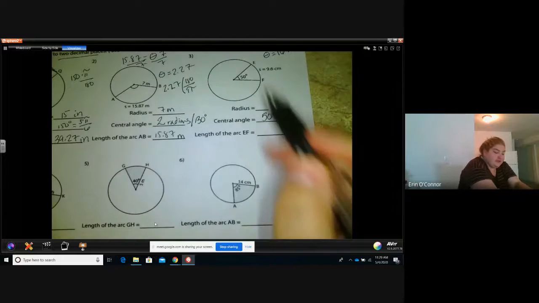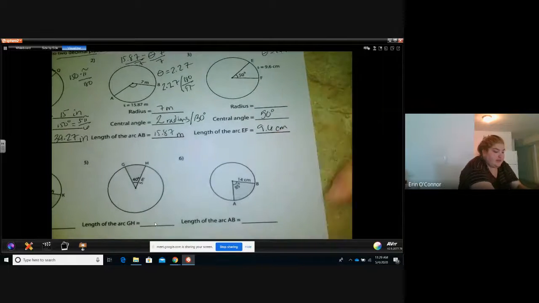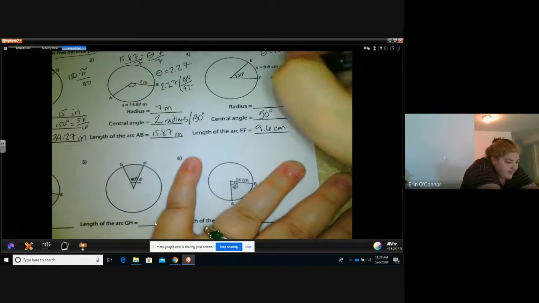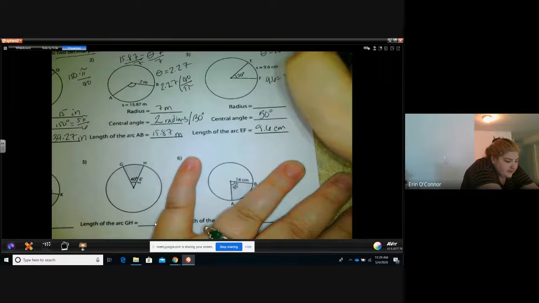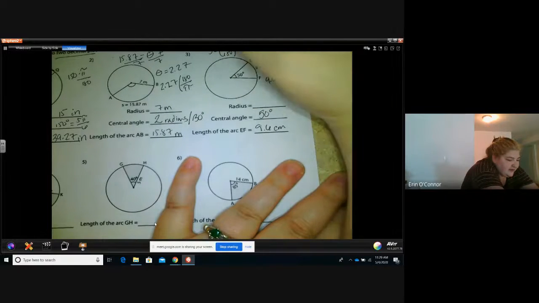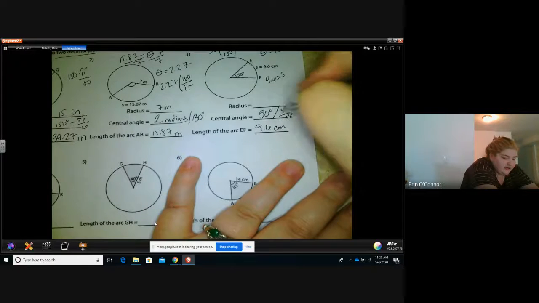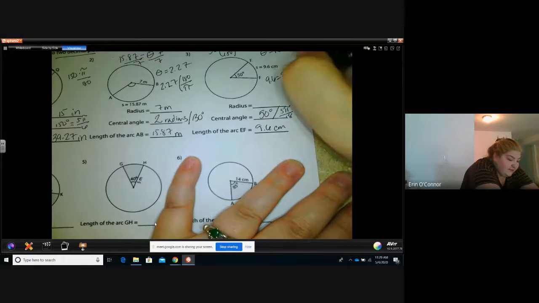So here our central angle is 50 degrees. Our arc length is 9.6 centimeters, so we need to find our radius. So 9.6 is equal to theta, 50 times pi over 180, which is 5 pi over 18. That's what we need to use, times r.